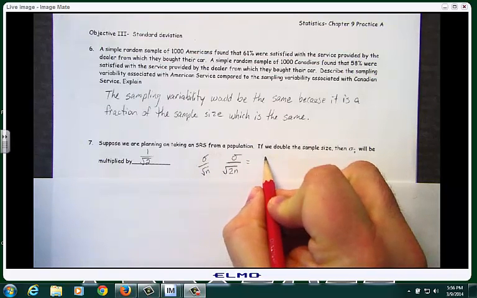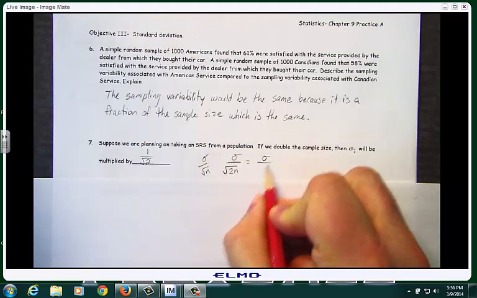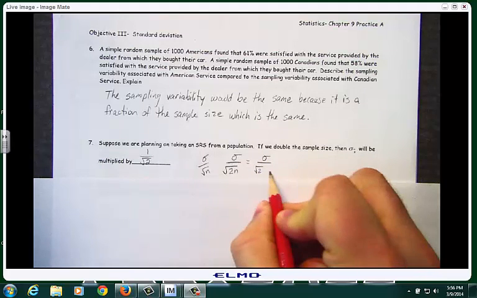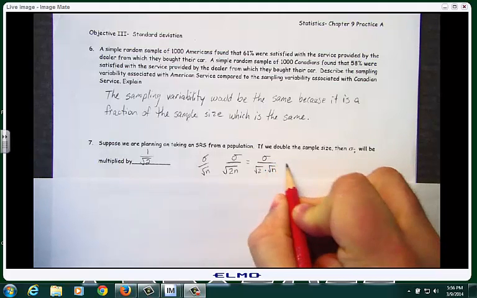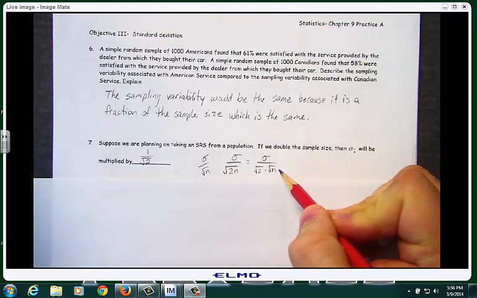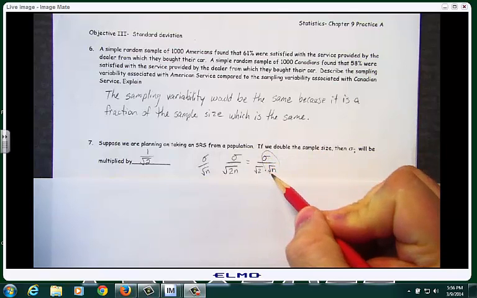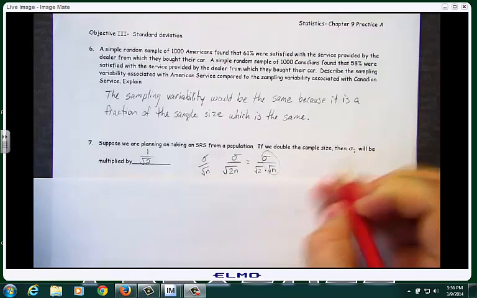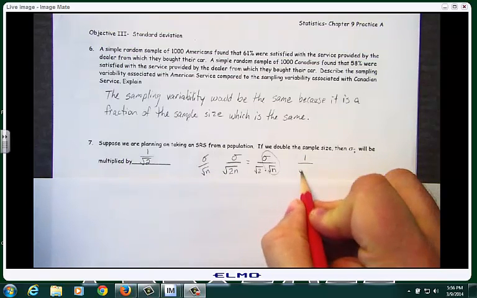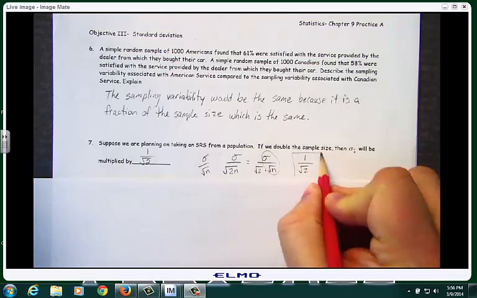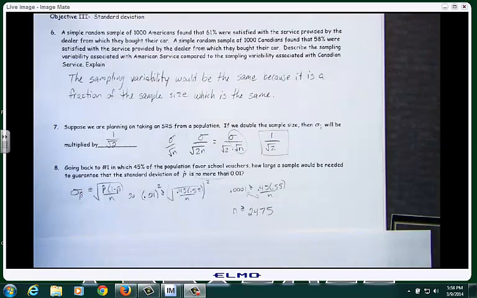So this is also equal to sigma over the square root of 2 times the square root of n. So what we're actually multiplying to our sample standard deviation is a factor of 1 over the square root of 2. So a little more algebra.